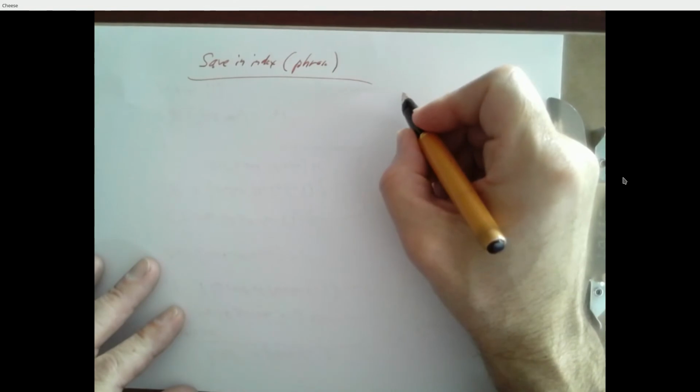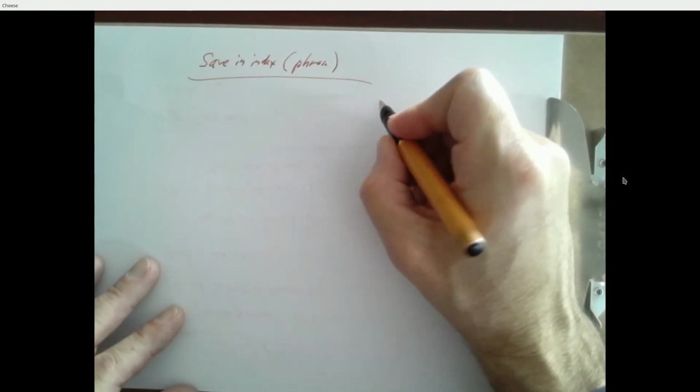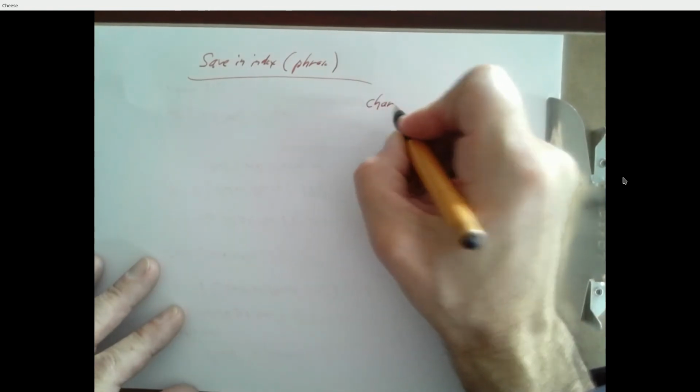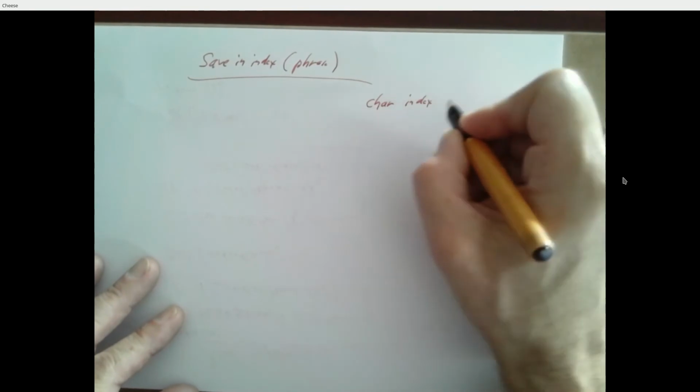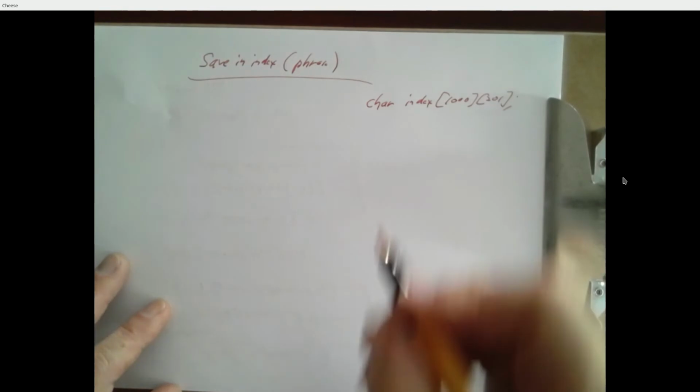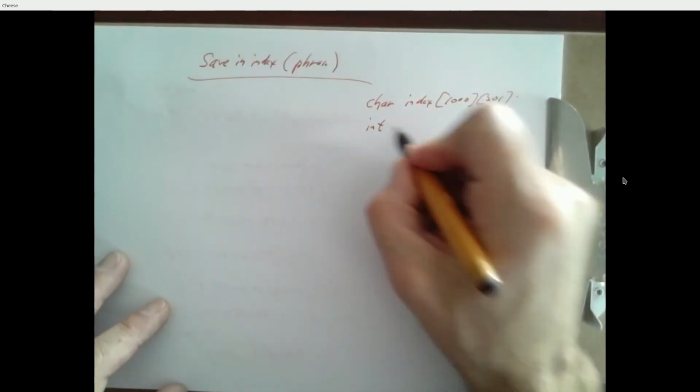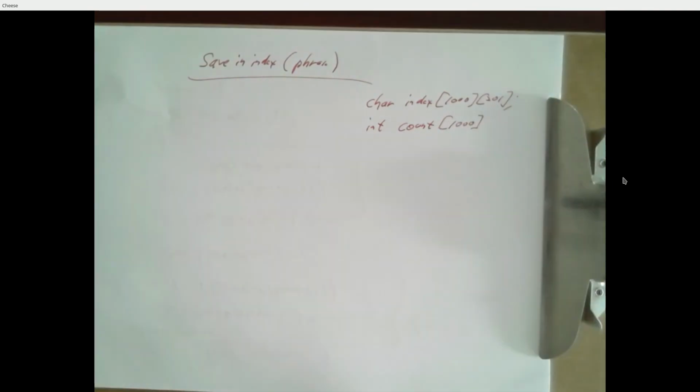We can have an array of characters 1000 by 201. That's your actual index. We can have an array of integers, that's 1000, that tells us how many times each phrase occurred.